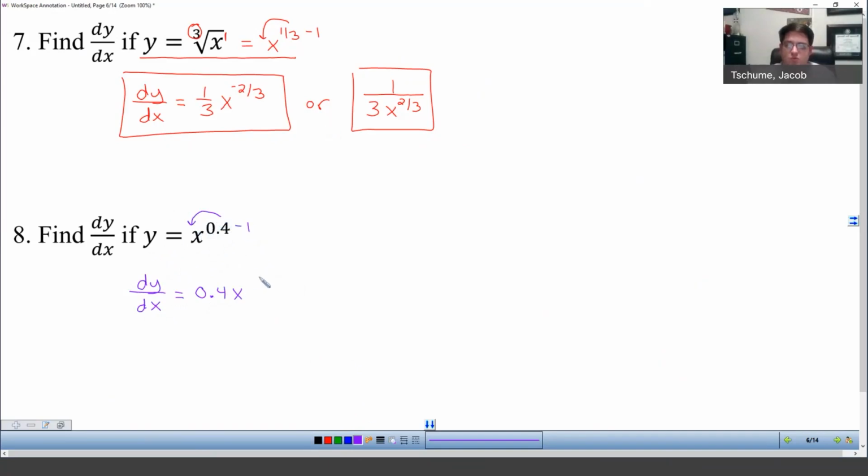And if you subtract 1 from the power, and you can use your calculator to help you here, 0.4 minus 1 is negative 0.6. And for right now, if you want to type that in your homework, it will give you credit. But just for later on, if you need to put this as a positive exponent, I would leave the 0.4 on top, move the negative x to the bottom, and make it x to the positive 0.6.